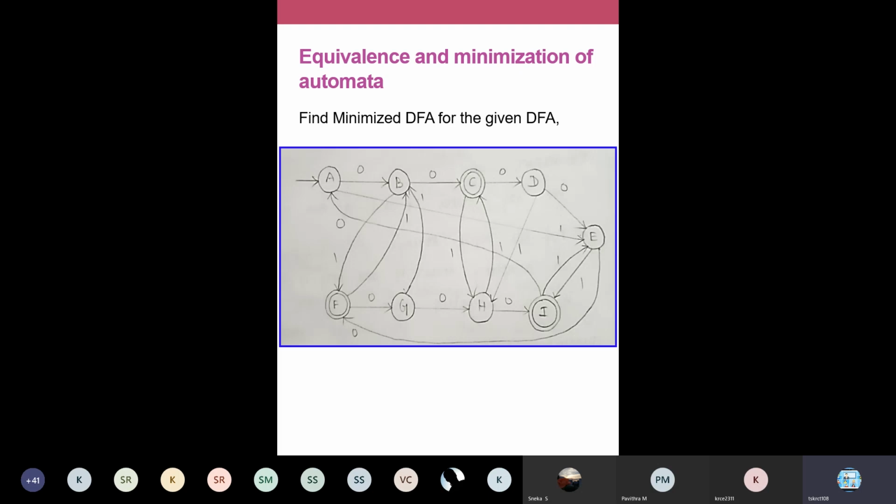Carefully you just mark that in every state and mark the accepting states also carefully. For C, F and I, draw a double circle. ஒரு ஸ்டேட்டா மார்க் பண்ணுங்க. ஏலேருந்து 0 1, பிலேருந்து 0 1, சிலேருந்து 0 1, டிலேருந்து 0 1, இலேருந்து 0 1, எஃப்லேருந்து 0 1. Like that you mark.